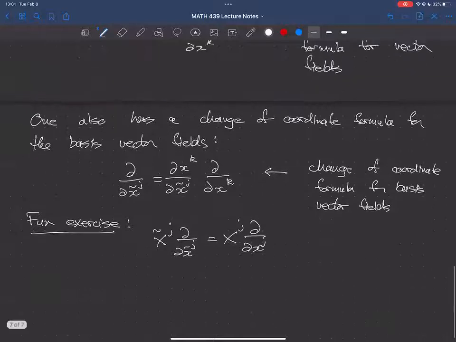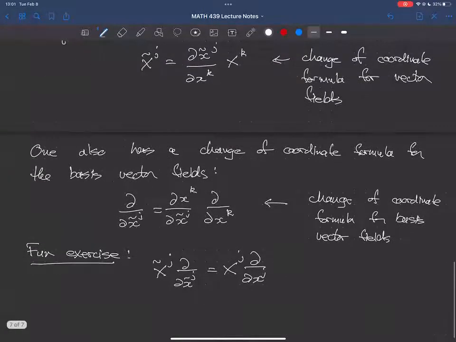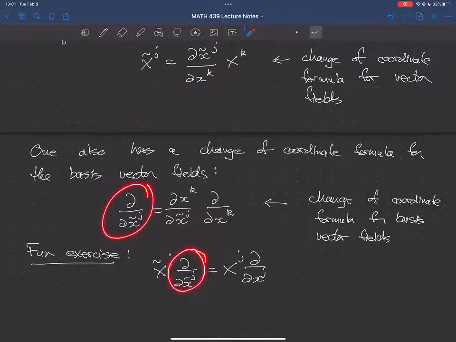Just substitute in everything here: substitute in x tilde from there, substitute in d by dx tilde from there, plug all the stuff in. It's a little exercise in using the summation convention to show that this holds. And this simply means that these are just coordinate representations of the same vector field, which of course they are.